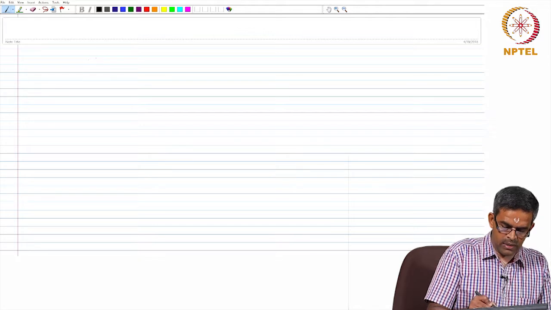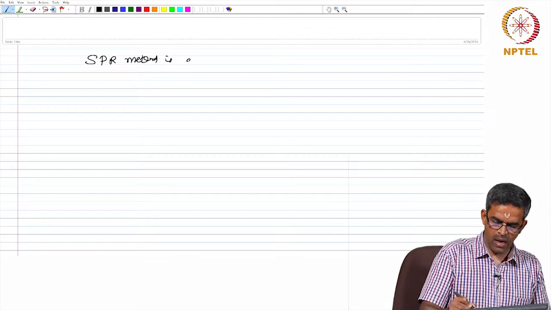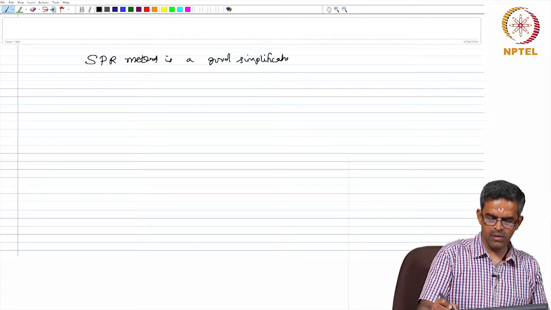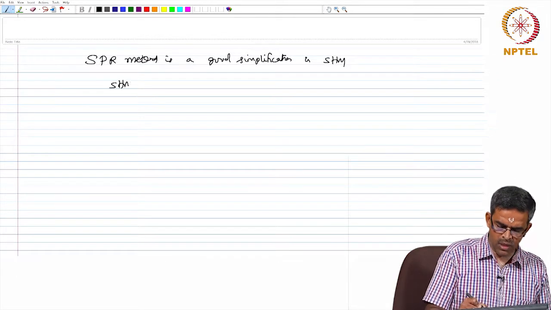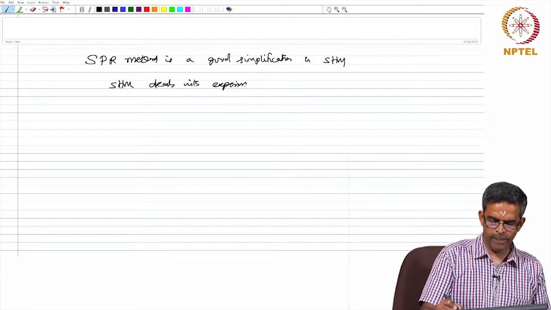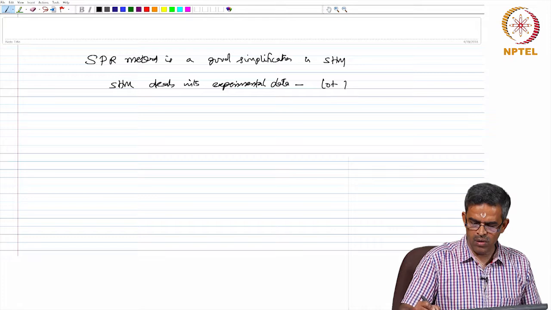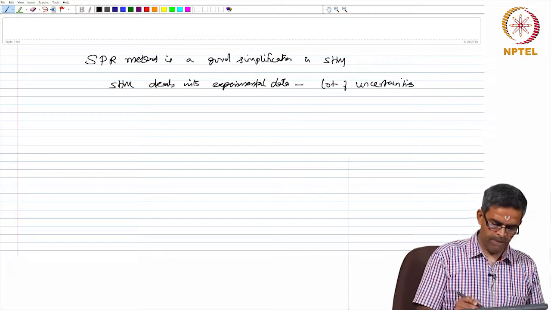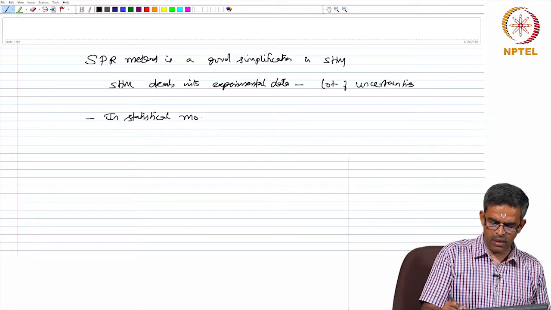Now, statistical pattern recognition method is a good simplification in structural health monitoring. We know structural health monitoring deals with experimental data, which anyway has a lot of uncertainties. These uncertainties can be handled in a statistical model.